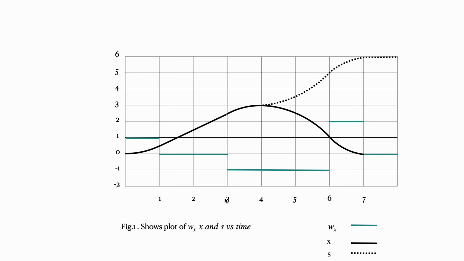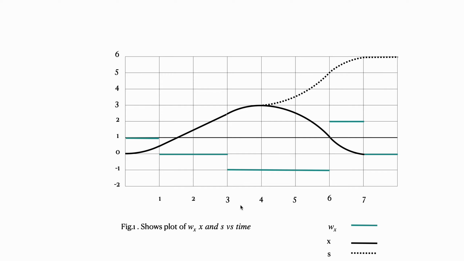From 1 to 3, the constant value is 0, so again the plot will be parallel to x-axis and it coincides with x-axis. And from 3 to 6, the plot is parallel to x-axis, the acceleration value is constant and its value is minus 1. So for the time interval 6 to 7, the acceleration value is 2, so the plot will be parallel to x-axis and it is shown with the green line.